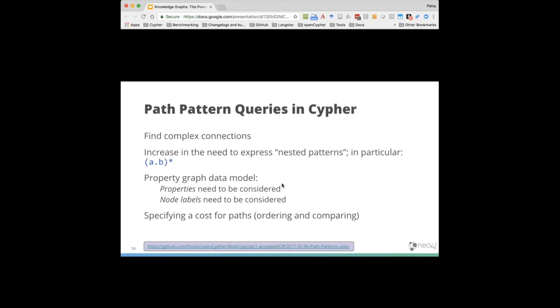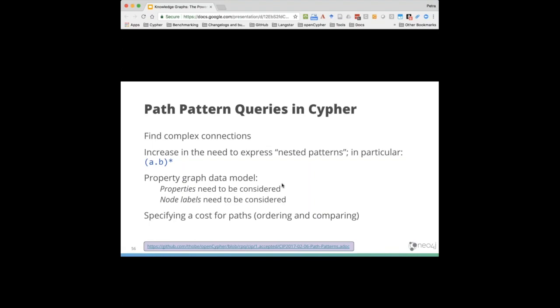Anyway, that was actually research undertaken on classic graphs, i.e. graphs without properties. So in our world, we actually need to make this a bit more complex for it to become useful. So in Cypher, we're calling these path pattern queries. And the idea is that we not only look at the relationship types of the path you're interested in, but also we're looking at the node labels of the nodes along that path.